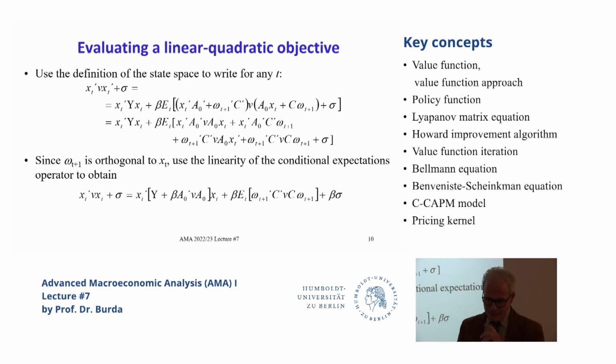But you can see there's kind of an interesting pattern here in a lot of these macroeconomics problems. Omega is a mean zero orthogonal piece of information that we get in t plus 1. We're not going to know what it is in period t, and our expectation of it is going to be equal to 0 when it's multiplied by things that are in the information set in period t.